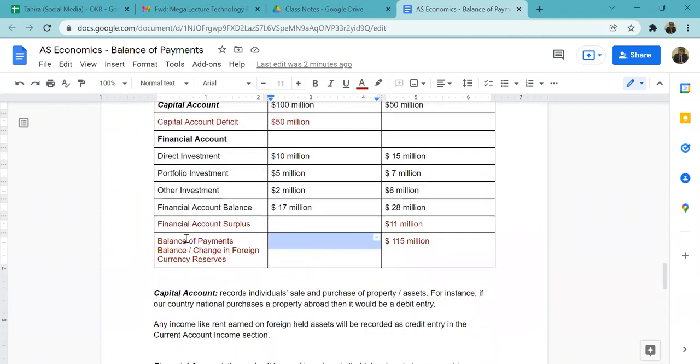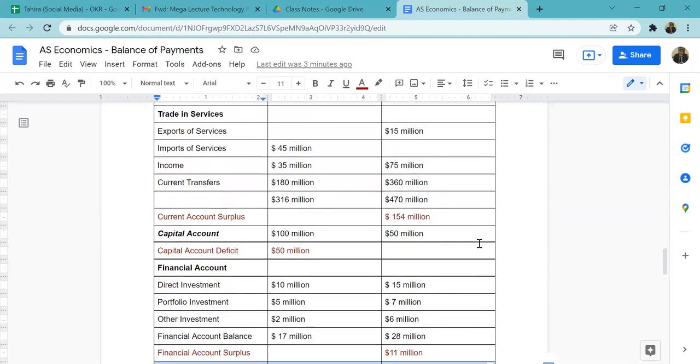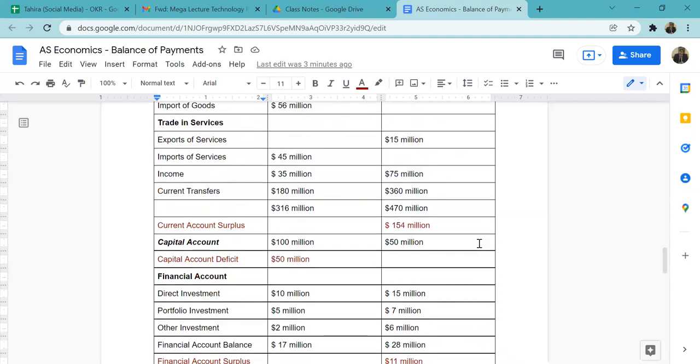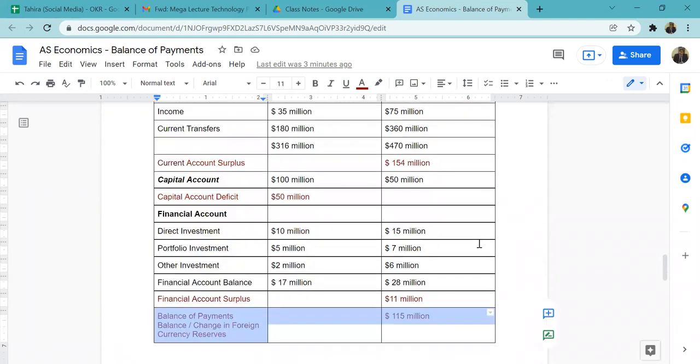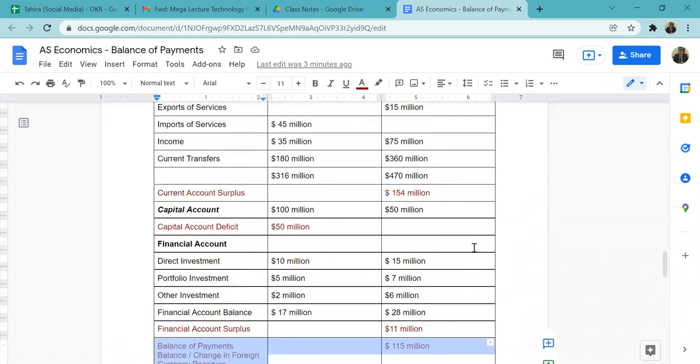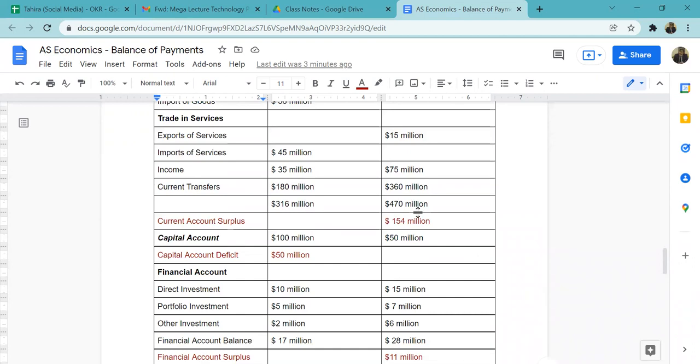So let's put it down like this. Let's say this column doesn't exist for now. Zohan, think about this. Everyone, please. This column doesn't exist. So this is what your balance of payments balance is up till this part. Now, the two sides, as you can see, are clearly not balancing. Because 154 plus 11 gives you 165.